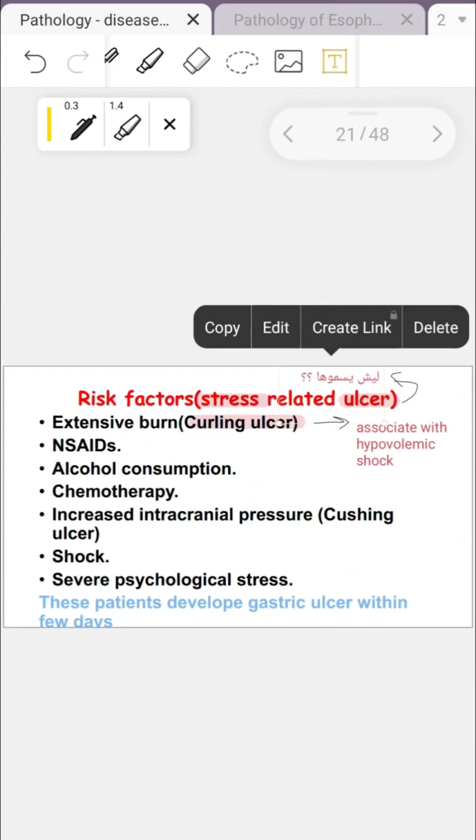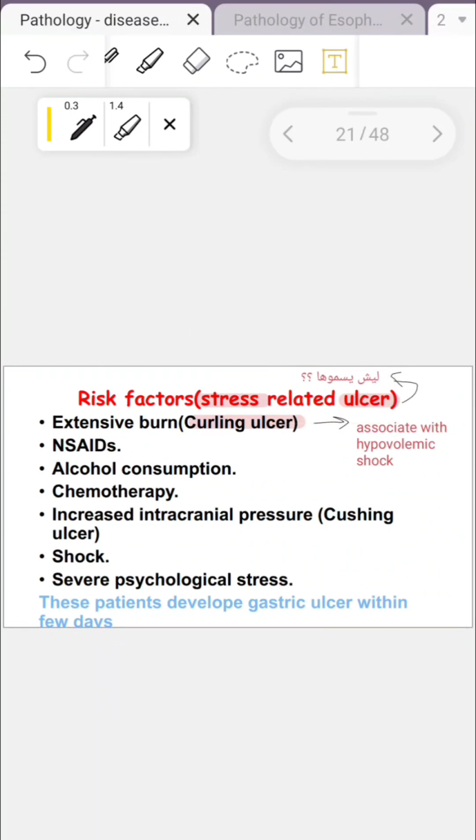We said prostaglandin is the initiator or promoter for all the normal physiological mechanisms, so there will be ulcer formation. Alcohol consumption: alcohol is directly toxic to the surface epithelium.